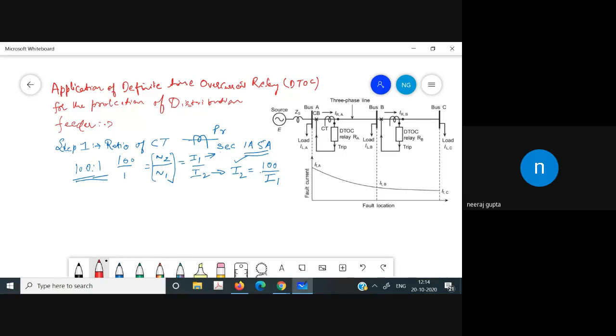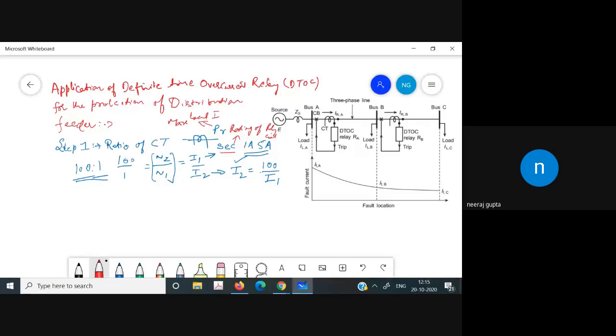Now, the secondary current of the CTs is decided by the rating of the relay coil, and the primary current is decided by the maximum load to be carried by the CT primary, that is the maximum load current.